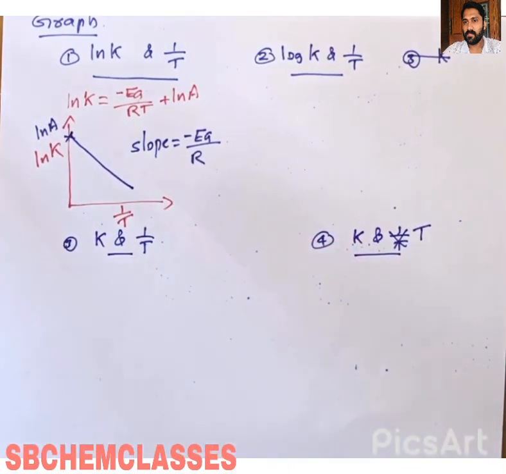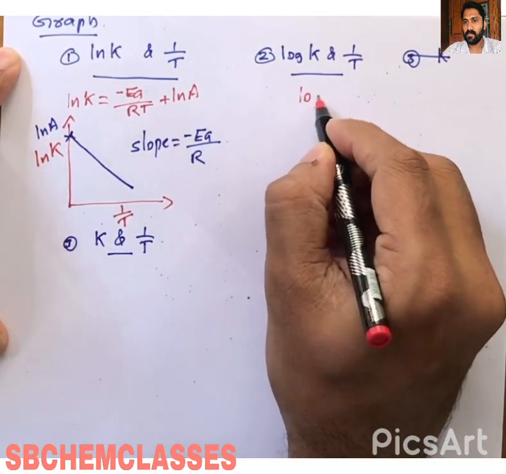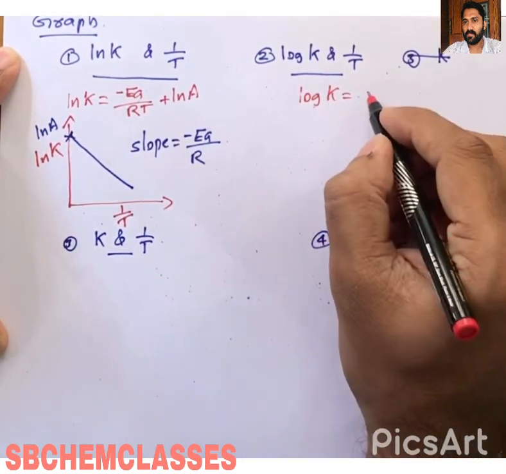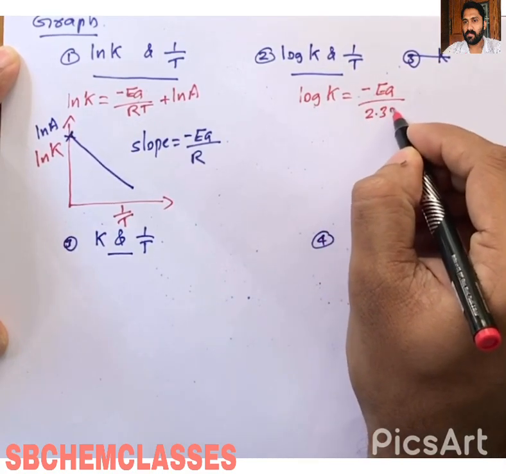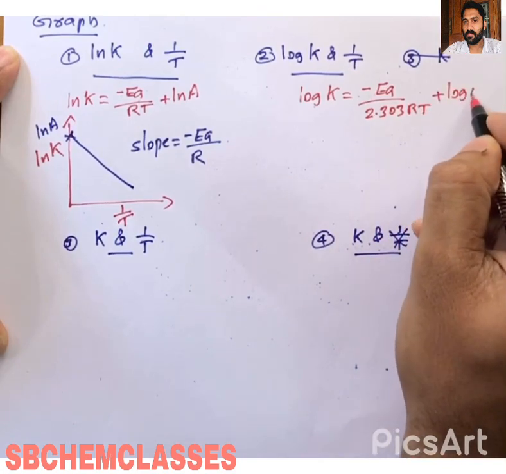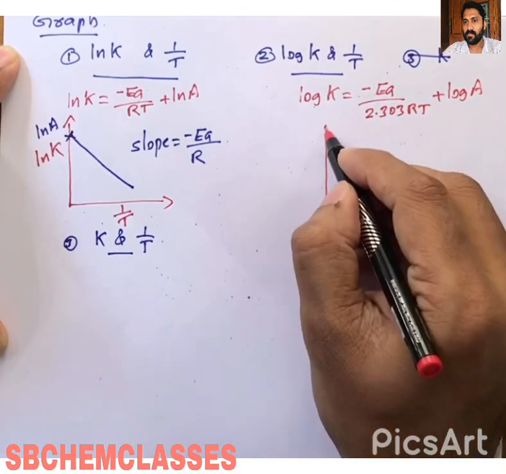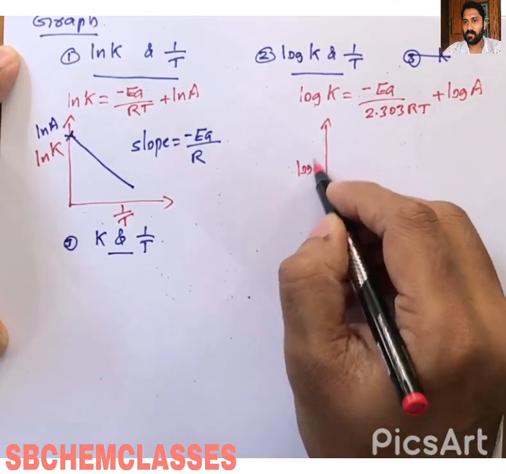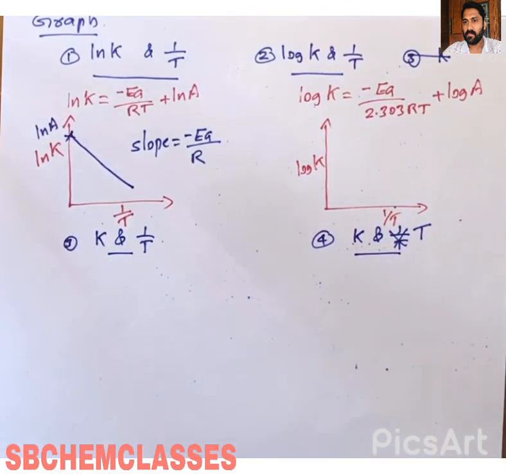So, what is the relation between log K and 1 by T? Log K equals minus Ea by 2.303 RT plus log A. So, the graph between log K and 1 by T will be in the same manner.